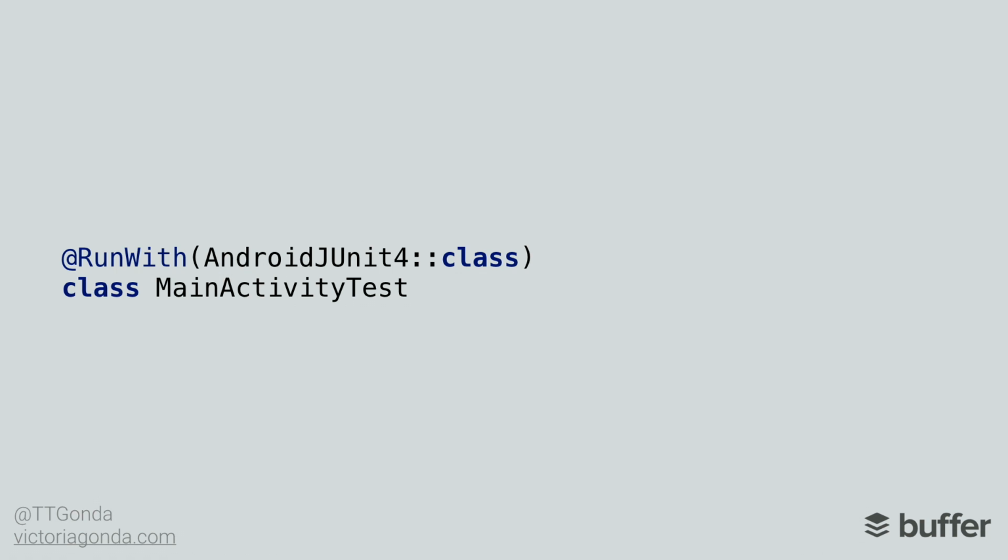So here we go, setting up the test class for the main activity. This tells JUnit to run the tests inside of Android JUnit 4 test runner instead of the runner built into JUnit. Android JUnit 4 is a test runner that runs JUnit style tests for Android tests.